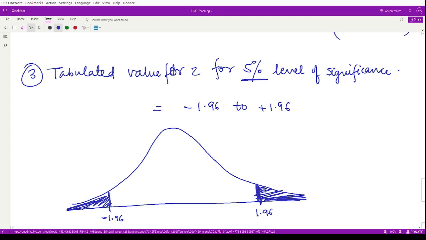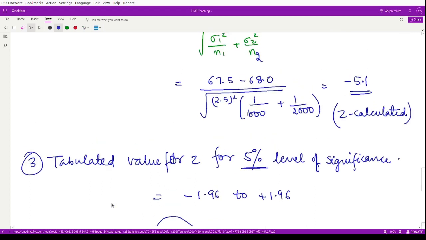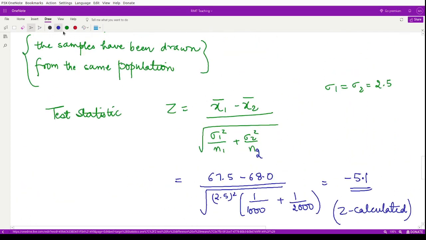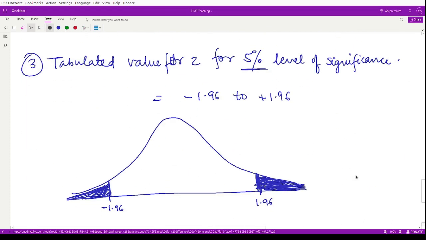For this critical region, now you will see your computed value. You have obtained the computed value as minus 5.1. So minus 5.1 would lie somewhere here. That means it is lying in the critical region, or the region of rejection.